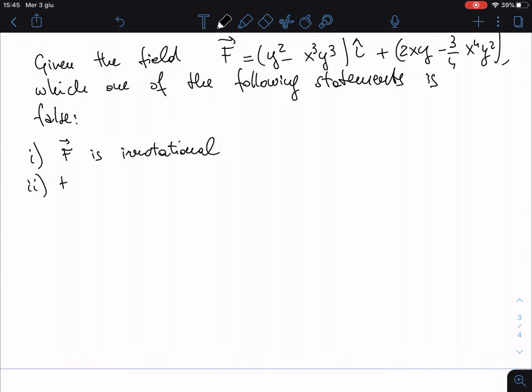Then f is conservative. Three, the domain of f is not simply connected.